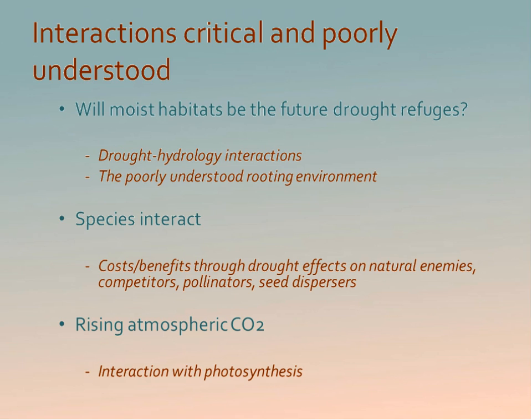The rooting environment is something that we don't really understand very well, but it's an interaction with drought. Most models that look at the effects of drought on forests have something like a rooting depth that's specified in the model.